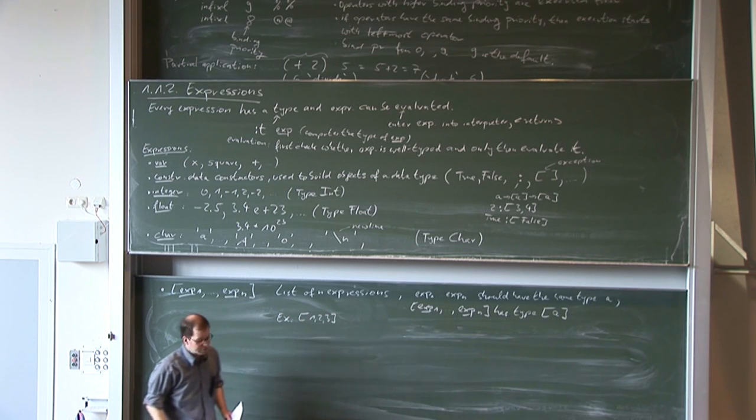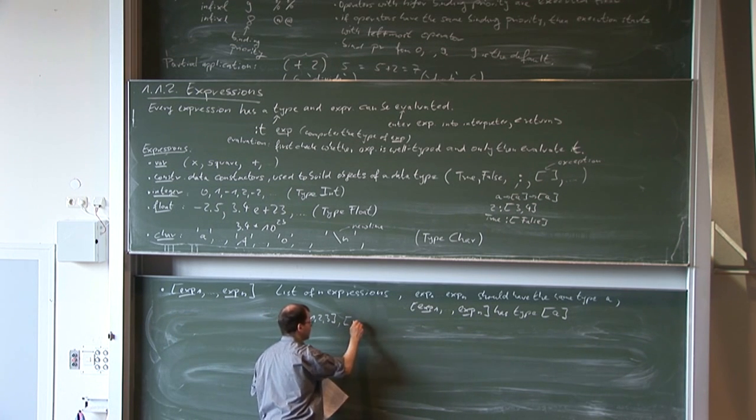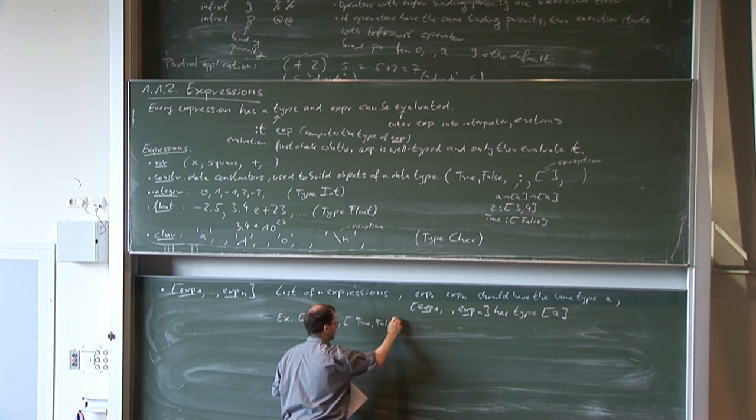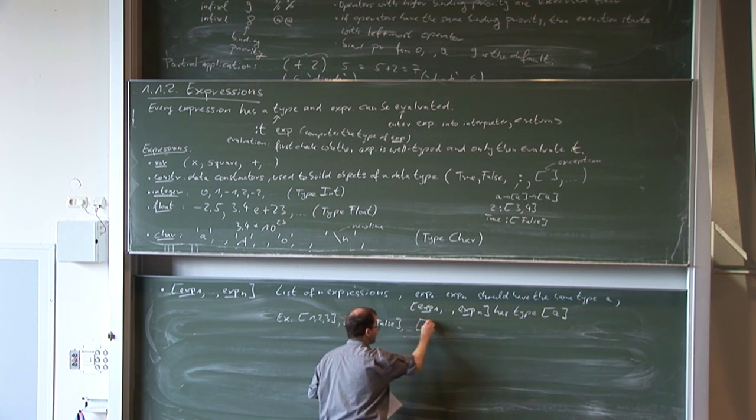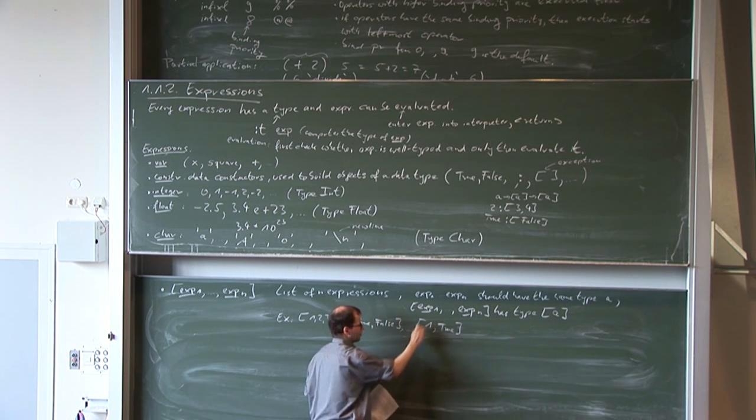This would have the type list of integers. Or something like a list of true and false would have the type list of booleans. But something like the list of 1 and true is not allowed, because these things don't have the same type.